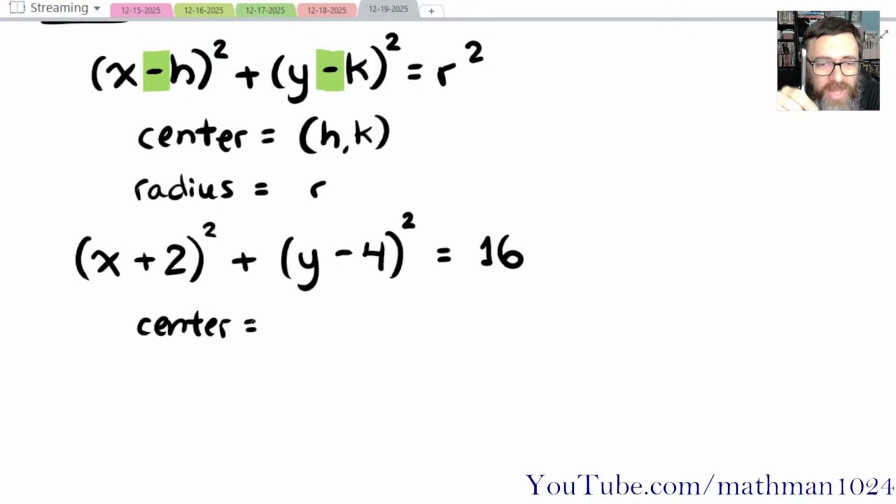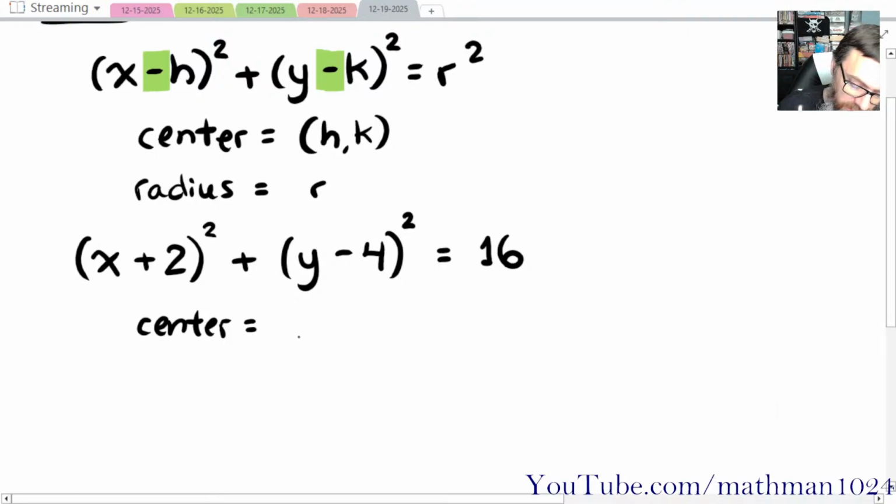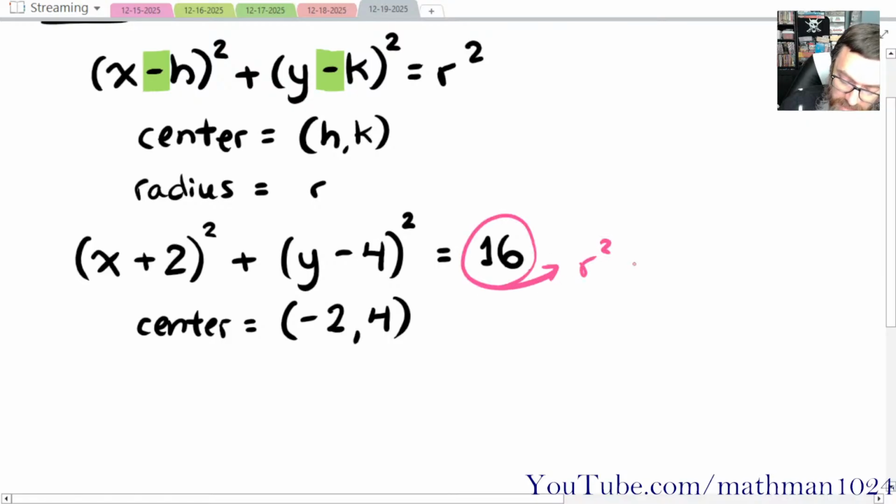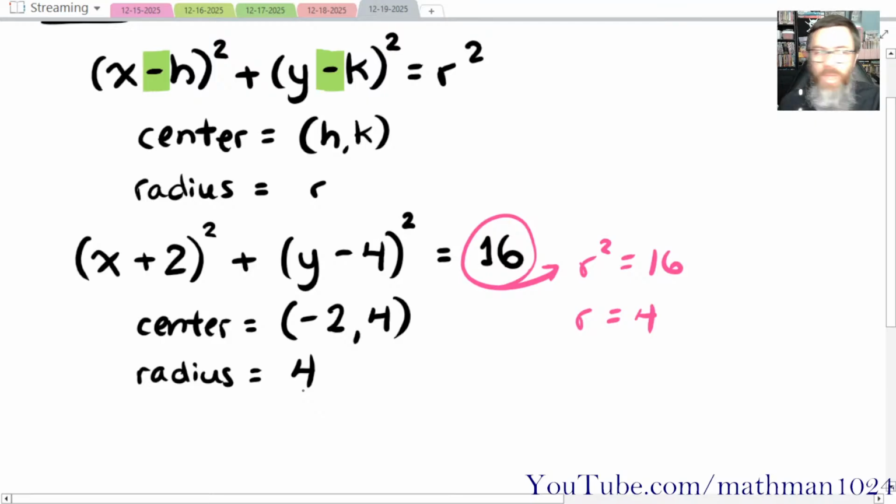So even though with the x I see a plus 2, my center is going to have the coordinate negative 2 for the x. And next to y, I say y minus 4, so I'm going to do a positive 4 for that y coordinate. Now, this means that r squared is 16. So r is going to be the square root of that, which is just 4. So we say our radius is equal to 4.